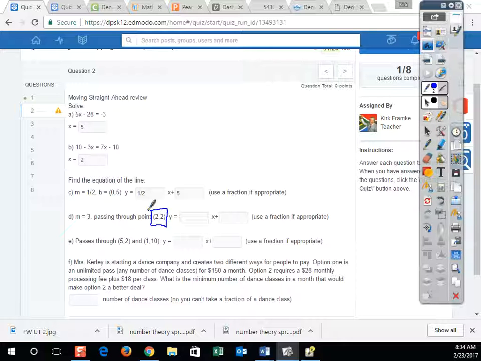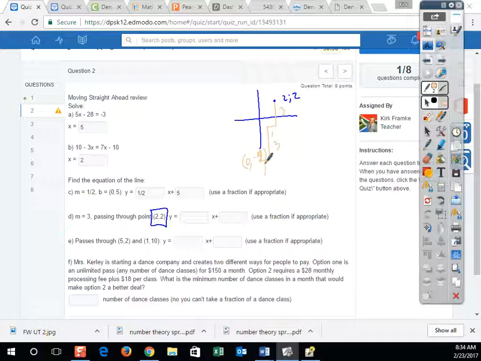The first way would be to take a grid, and then you know that your slope is 3, so to work backwards, we would go down 3, 1, 2, 3, over 1, and then do it again. 1, 2, 3, over 1, and I would find that my y-intercept would be (0, negative 4). That's right. Negative 4.